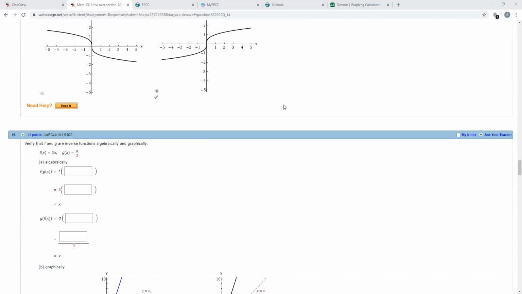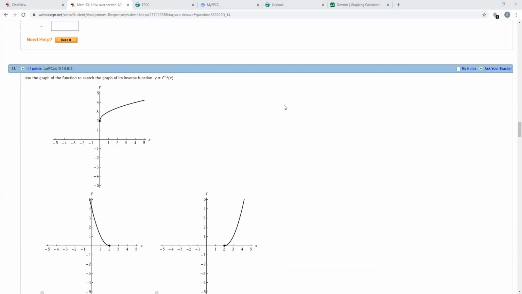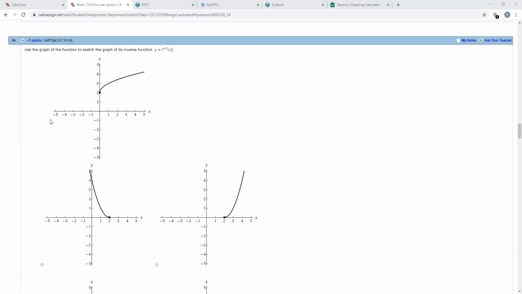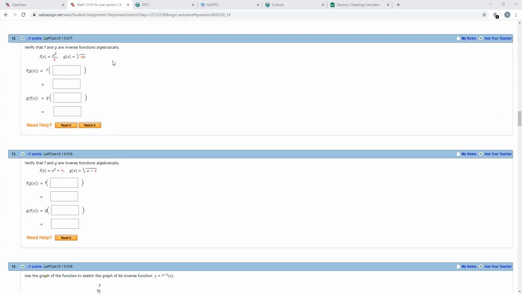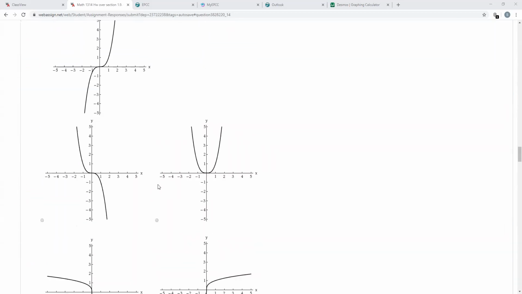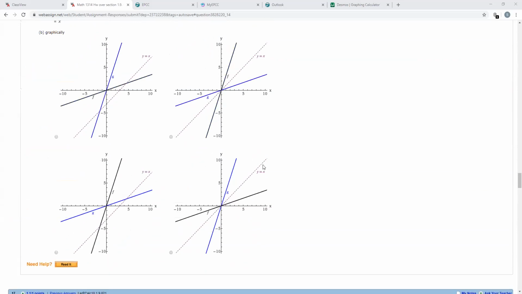So depending on what's left here, I might do another line one. This is the same idea. Just graph the inverse function so you can figure out the inverse of this one graphically. These problems here are exactly what we were doing below, showing that the compositions equal x in both orders to show they are inverses.